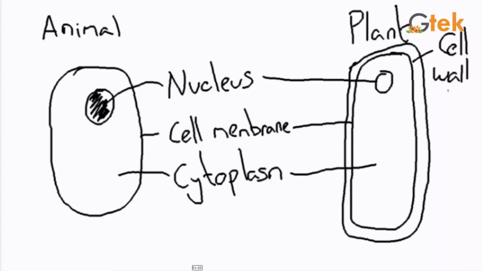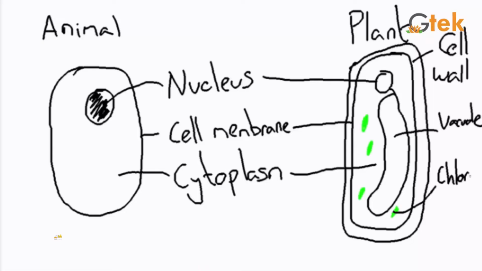And the most important one is the vacuole. And the dotted portion is called chloroplast. You can see here. This is the difference between animal and plant cells.